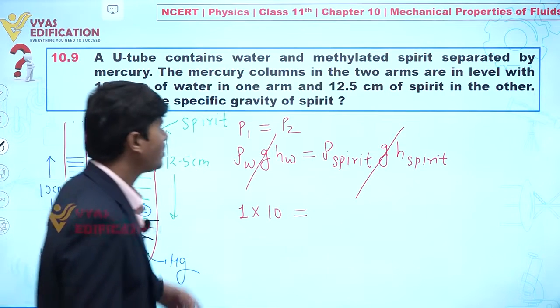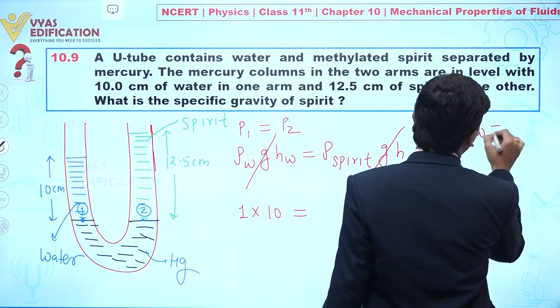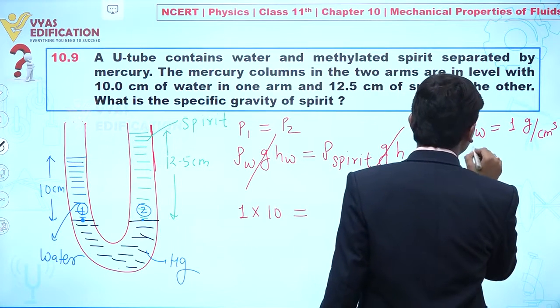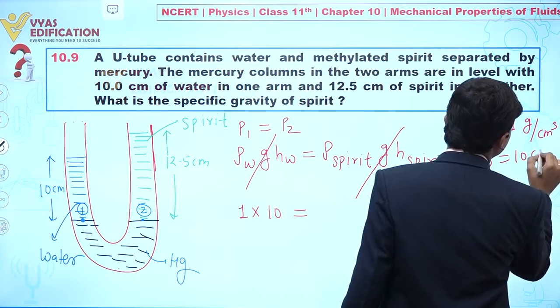In CGS units we have the density of water as 1 gram per centimeter cube.